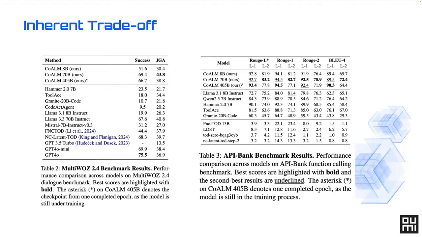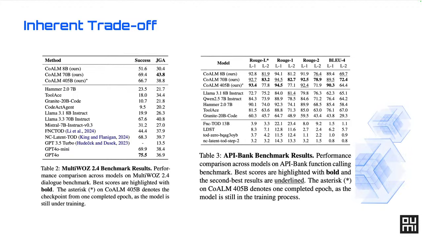If you look at table 3 and the 4 models down the bottom, FNC, TOD13B, LDST, TOD0, these are models that were fine-tuned for task-oriented dialogue. You can see that they perform very poorly in the API bank benchmark.